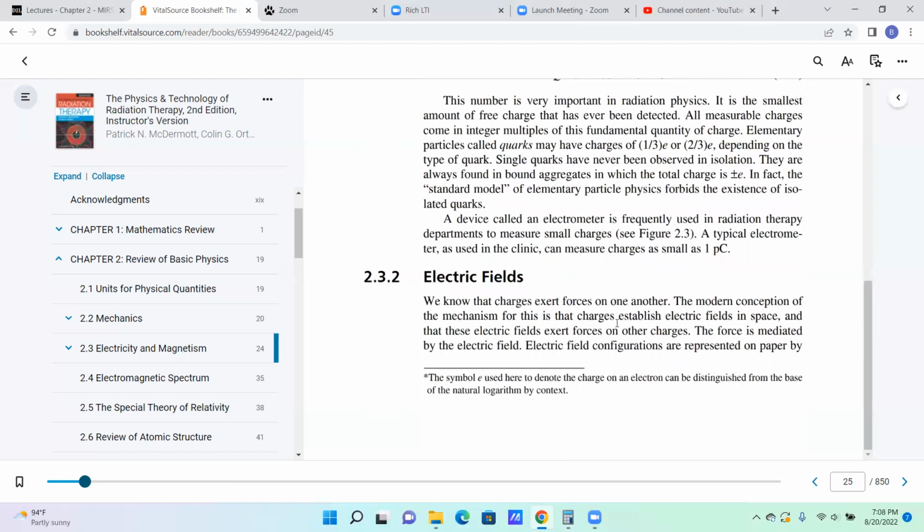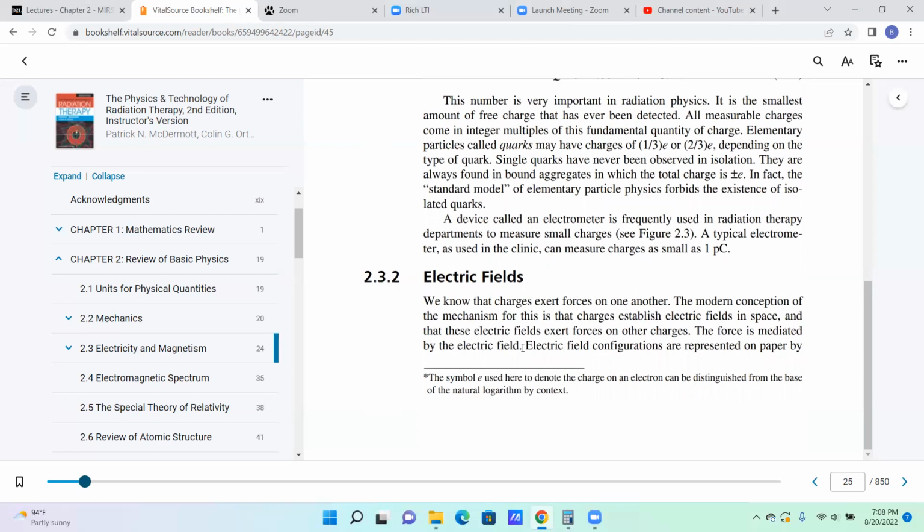So now we've talked about force between electric charges. We're going to expand this concept a little bit and go into electric fields. We know charges exert forces on one another. We've just seen that. The modern conception of that mechanism is that charges establish electric fields in space, and that these electric fields exert forces on other charges.